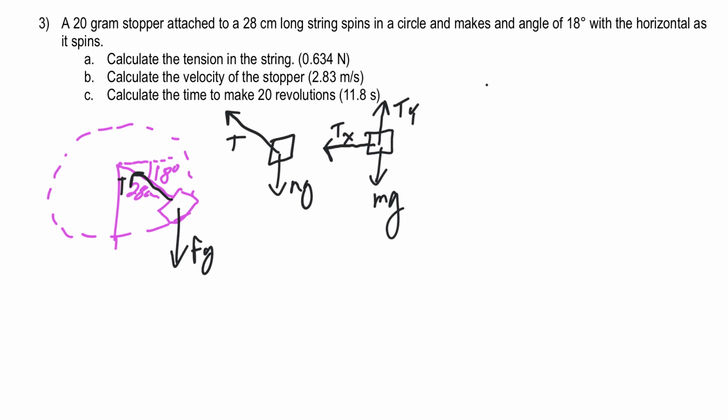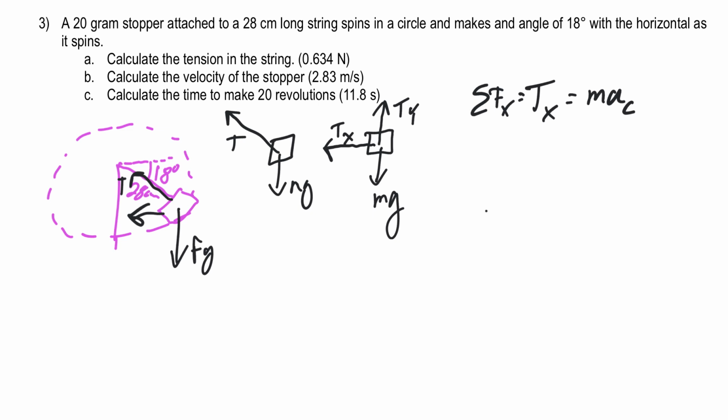So that when we do our summation, in the x direction, we have simply tension, right? Tension in the x direction. And in fact, that's what's keeping us in the circle, right? The component of tension here is keeping the stopper moving in the circle. So that's going to be equal to m a_c.